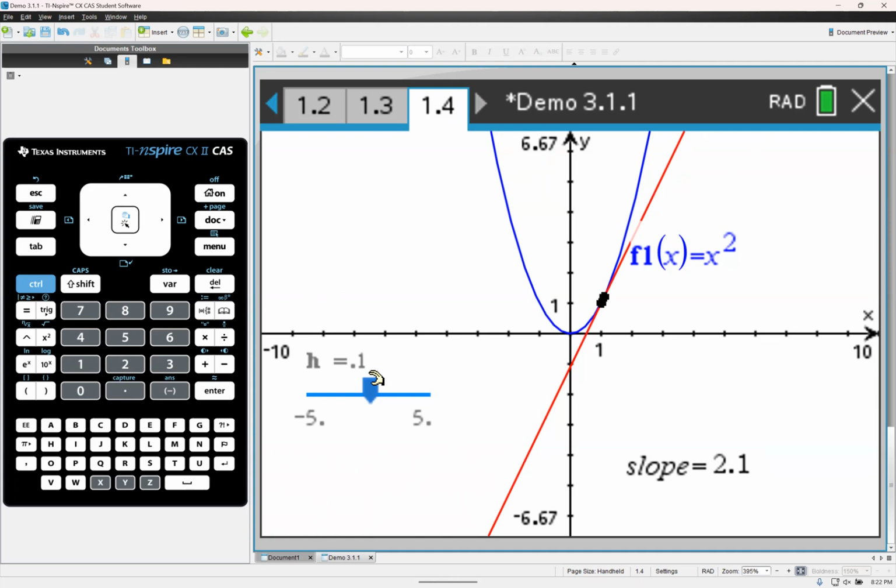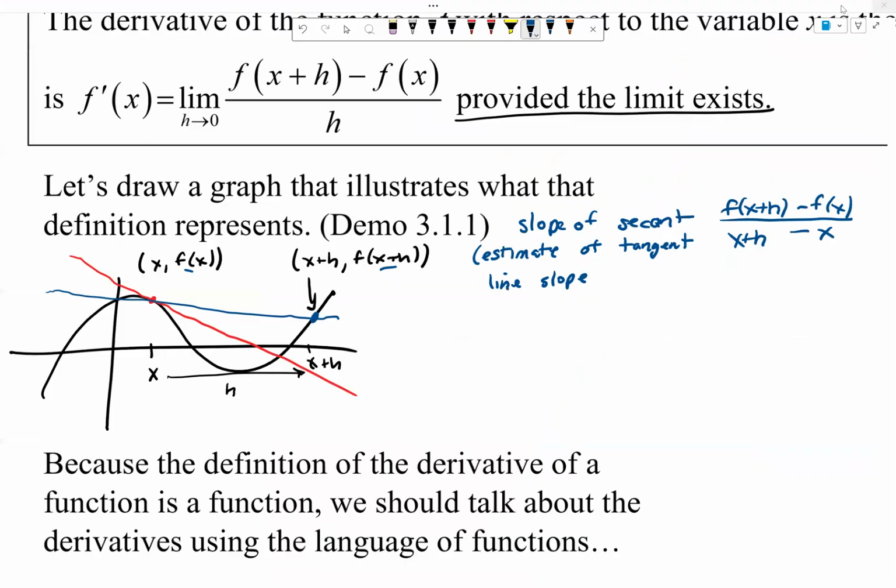Okay, that's me playing around with numbers. Can I play around with symbols? Sure. I could say that the secant line slope, after I do a little cleaning up here, this x and that x cancel, of f of x plus h minus f of x all over h becomes a better and better estimator of the tangent line slope when the distance between the two points gets smaller and smaller, i.e. when h approaches 0.